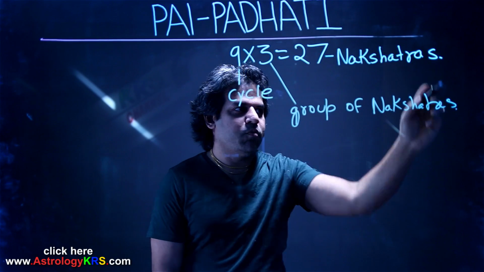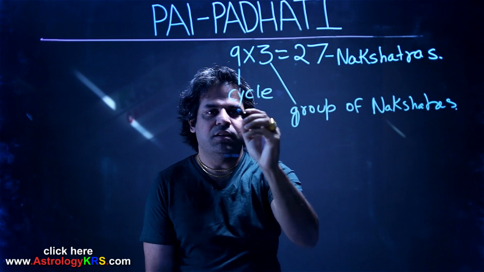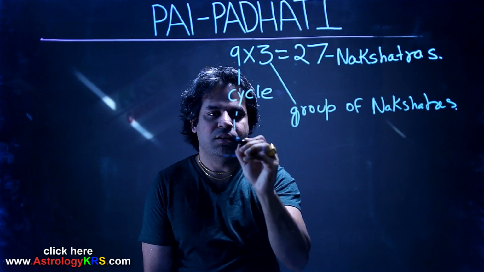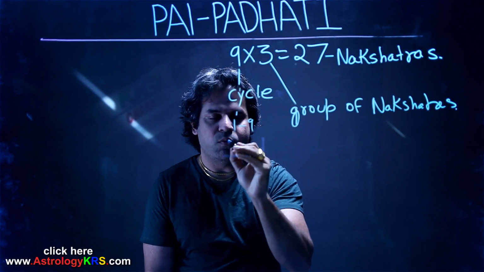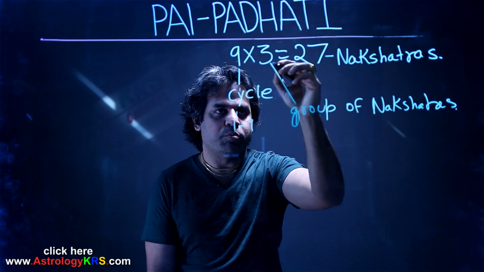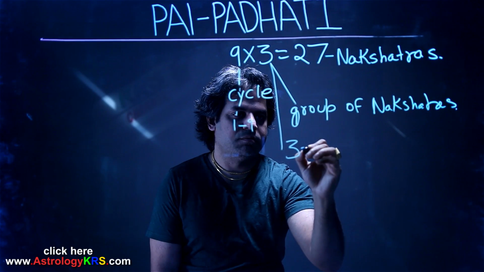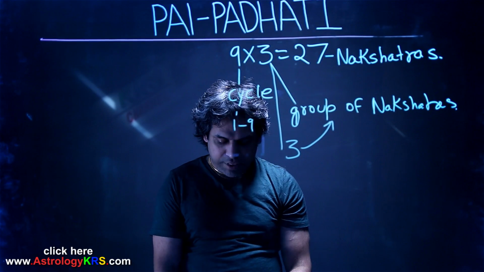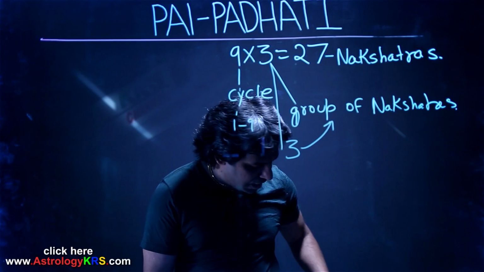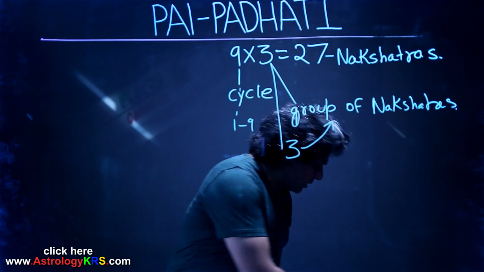This is the very first thing you want to understand. This equals a cycle, like cycle 1 all the way through 9. So cycle 1, 2, 3, 4, 5, 6, 7, 8, 9. This is the group of 3 nakshatras together. Okay? So that's that.